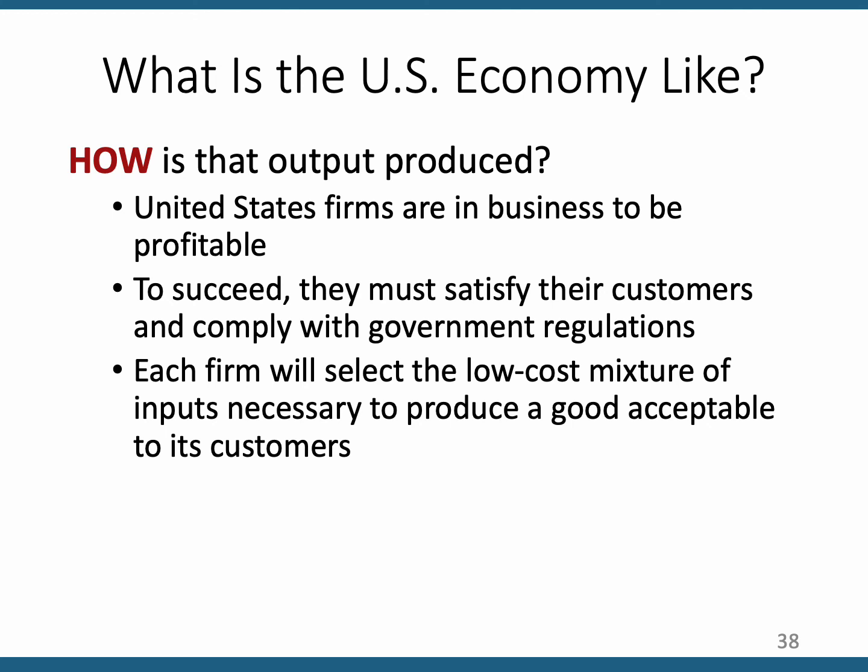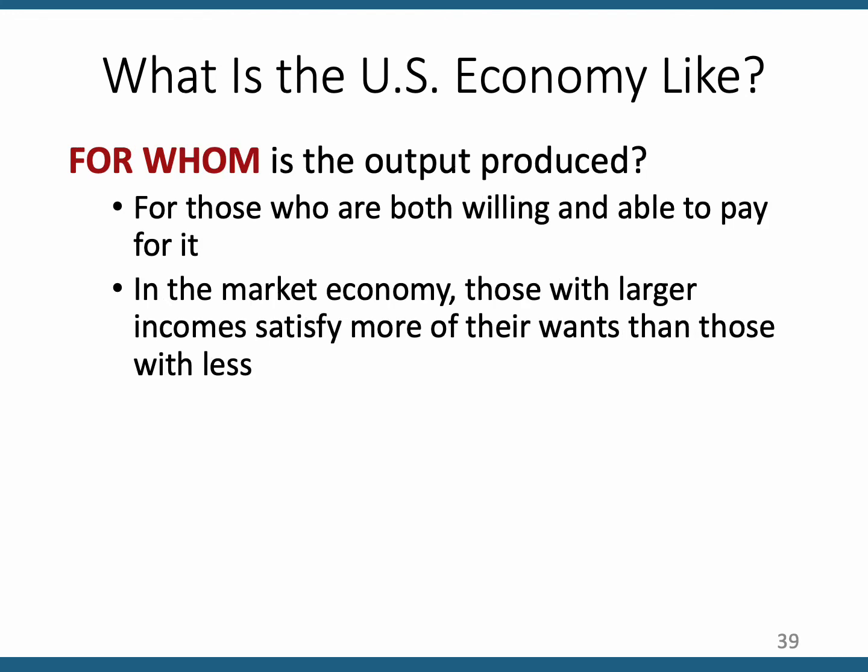And sometimes that means producing better production technology to help you produce more with each worker. For whom are the goods and services produced? And I've mentioned this already a few times. Those that are willing and able to pay the market price.